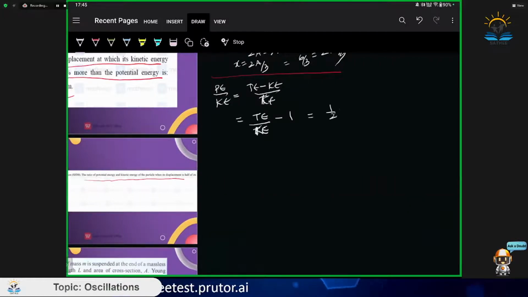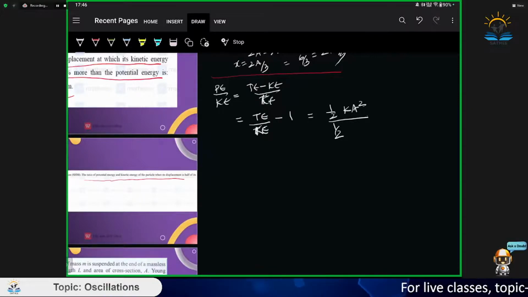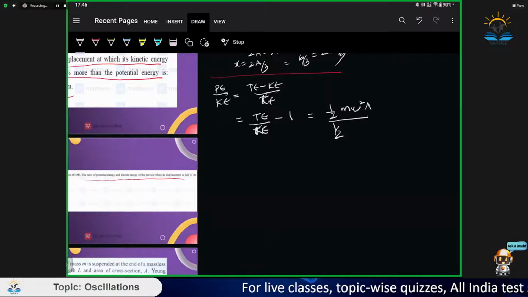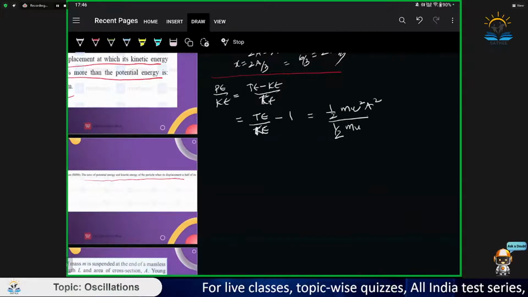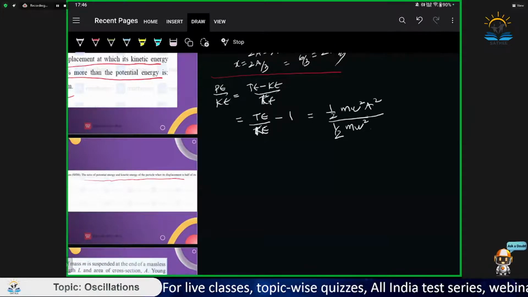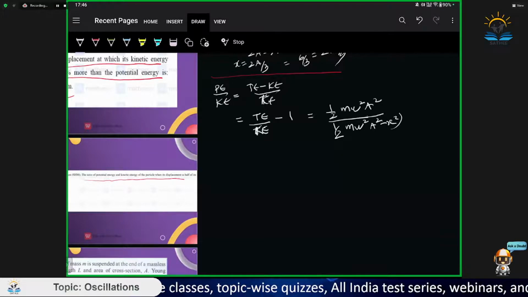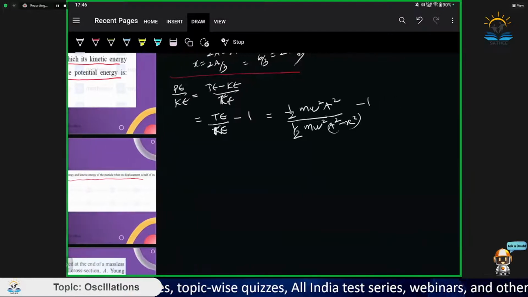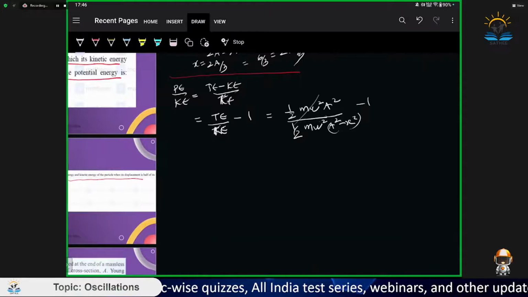So half k a square divided by half m omega square (a square minus x square), minus 1. So this we can cut.